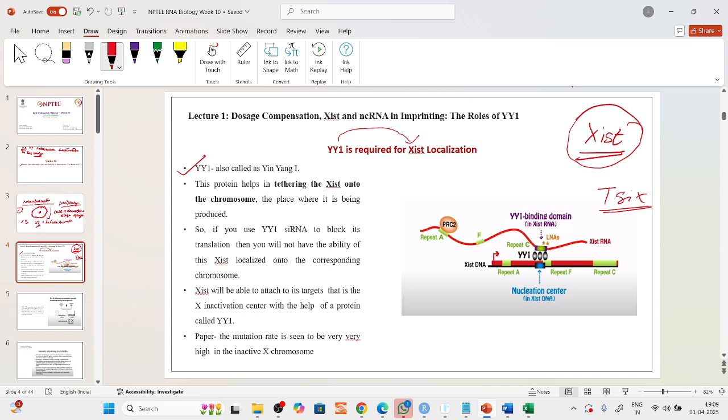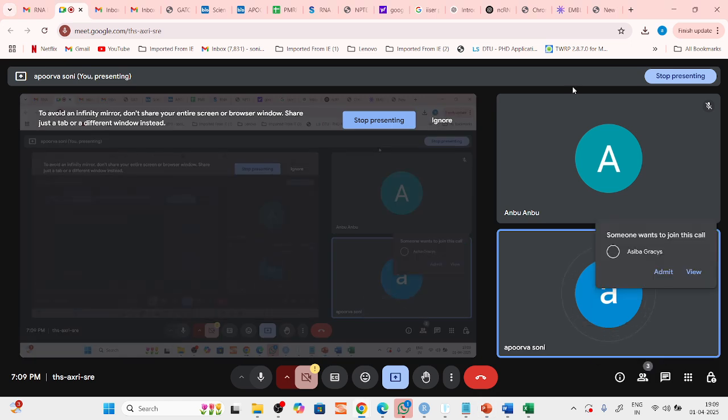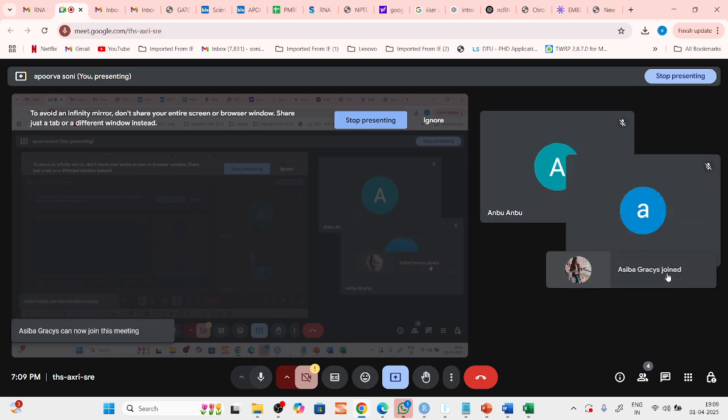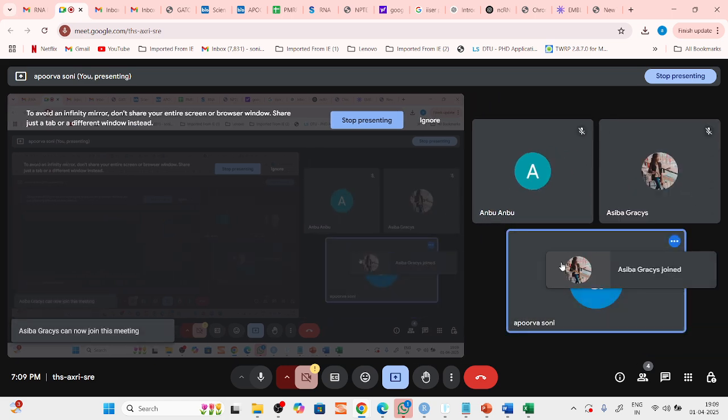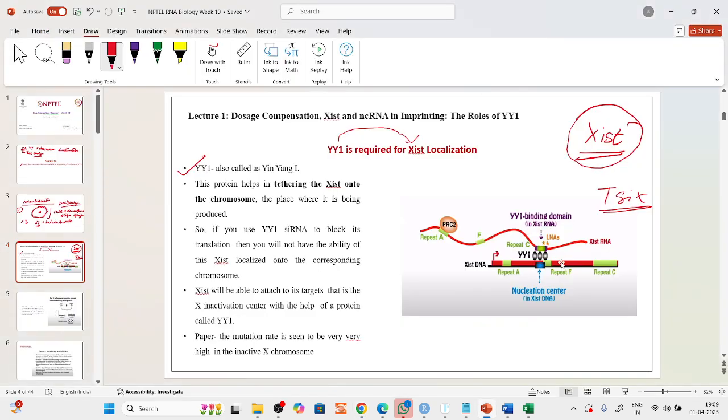This is done with the help of the protein YY1. So YY1 actually helps the Xist non-coding RNA to be in its place. If this is the chromosome and this is the place where Xist has to be, then YY1 helps the Xist to be there.